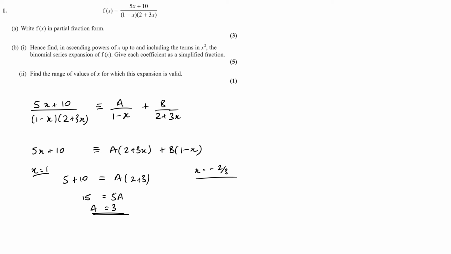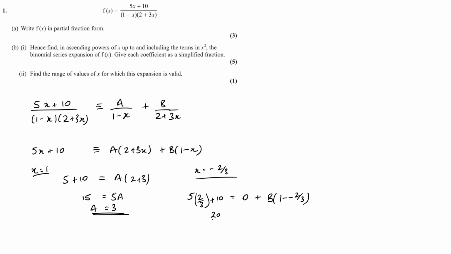So that is 5 plus 5 times minus 2/3 plus 10 equals, and this one's going to be 0, and it's B times 1 minus 2/3 there.